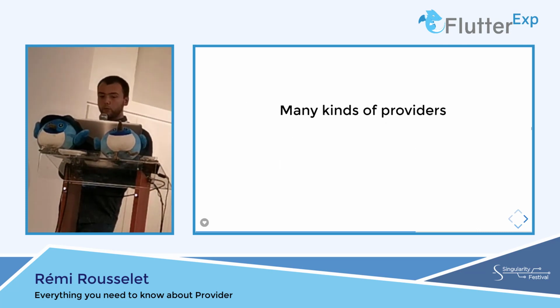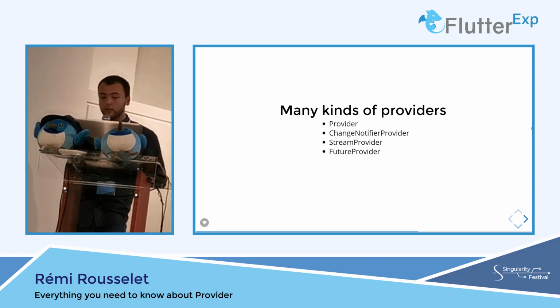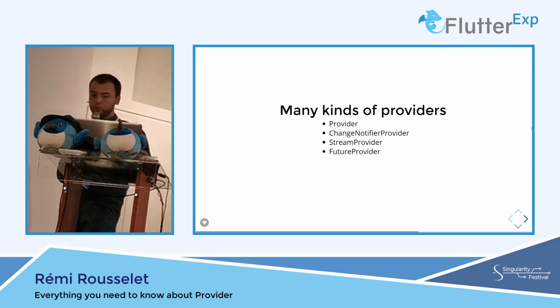And then we have many different variations of providers. For example, we can have Provider, but we will also have a provider for more specific types of objects. Like if you want to use ChangeNotifier, you may want to use ChangeNotifierProvider. If you want to use a stream, you may want to use StreamProvider. And the difference between these providers and Provider is that they are aware of how the object works.